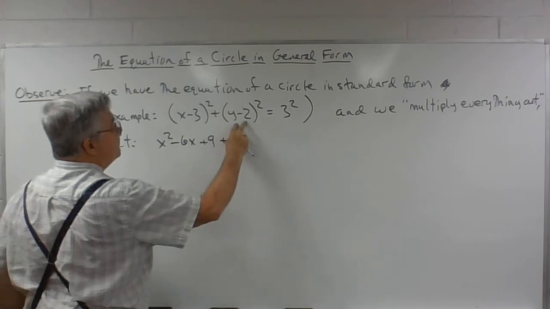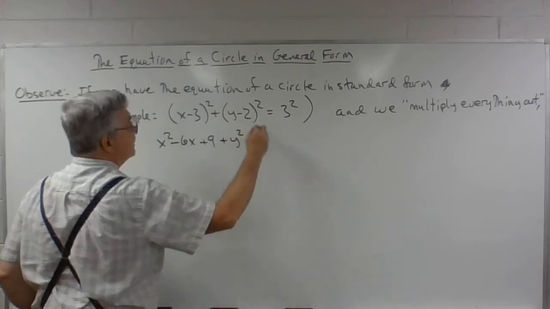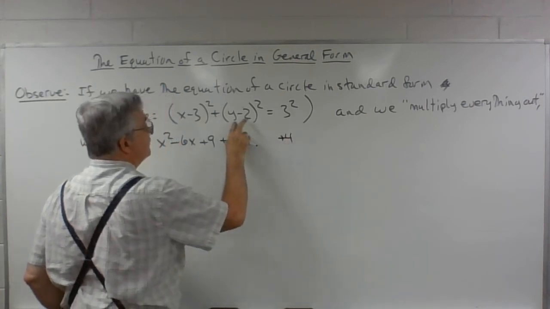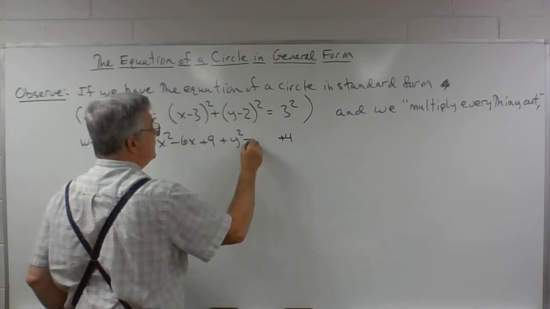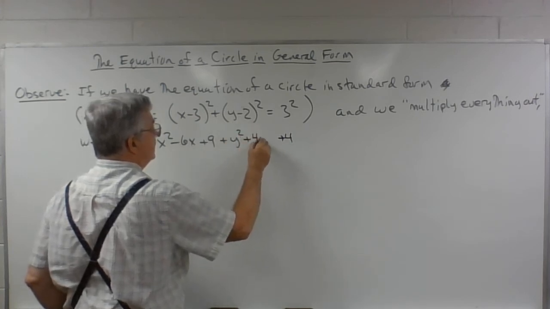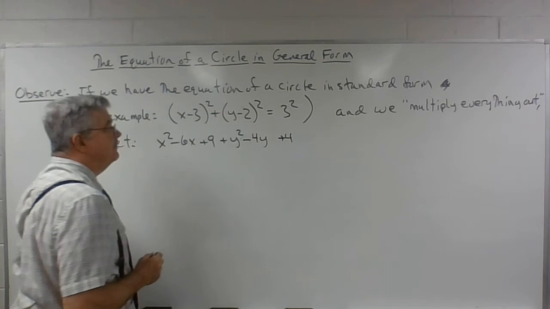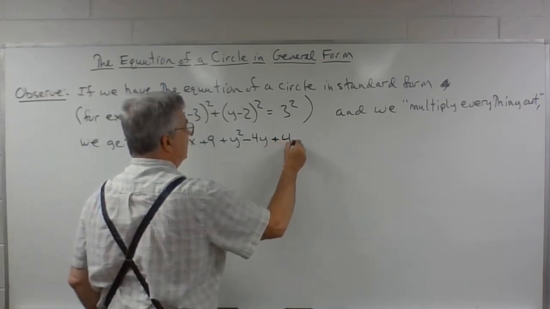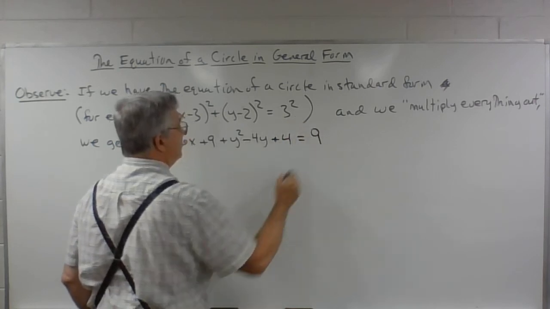We do the same thing here: the first thing squared plus the second thing squared, and the first times the second, negative 2y, doubled, minus 4y. And we square this out.